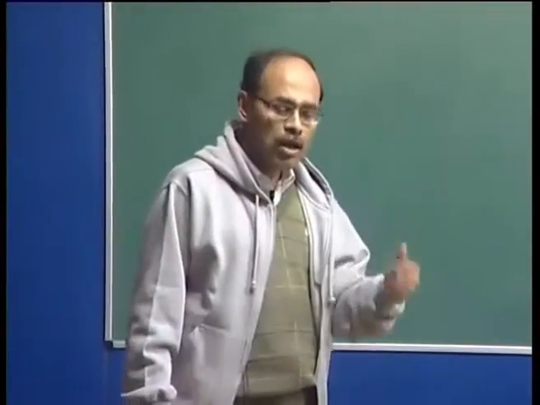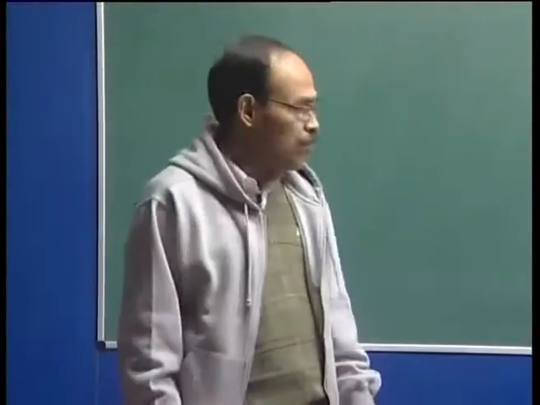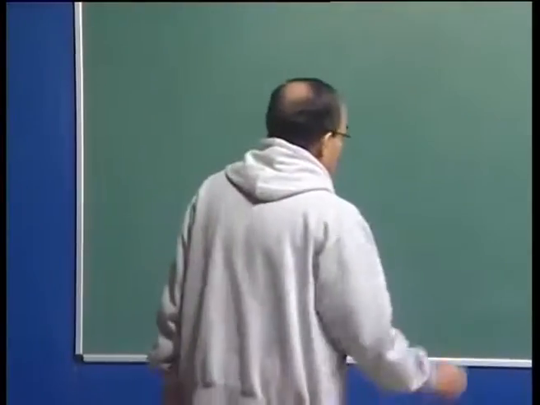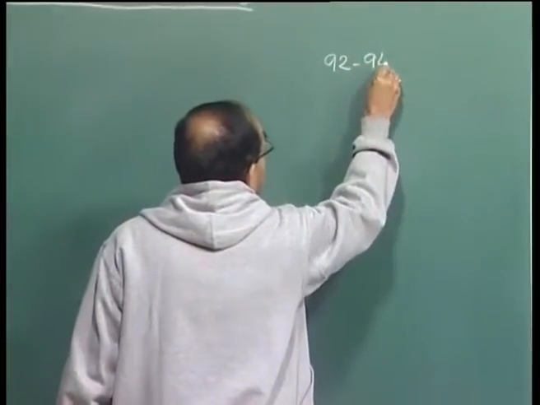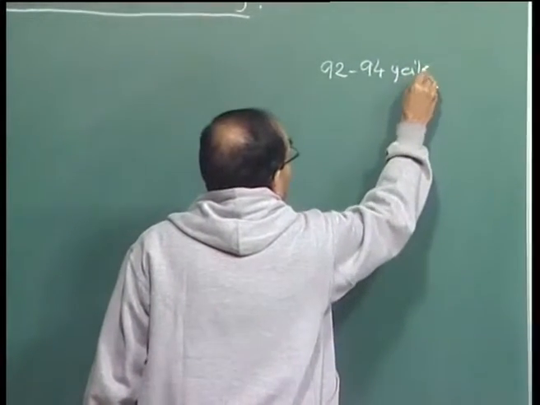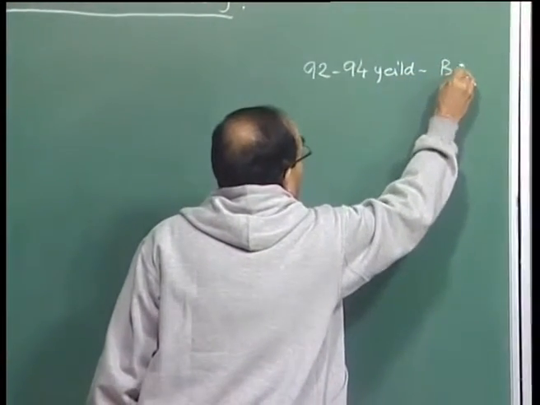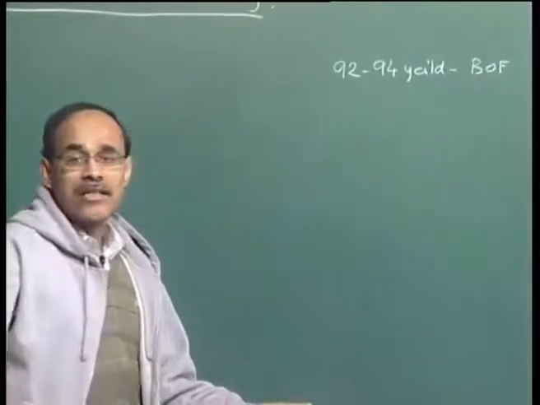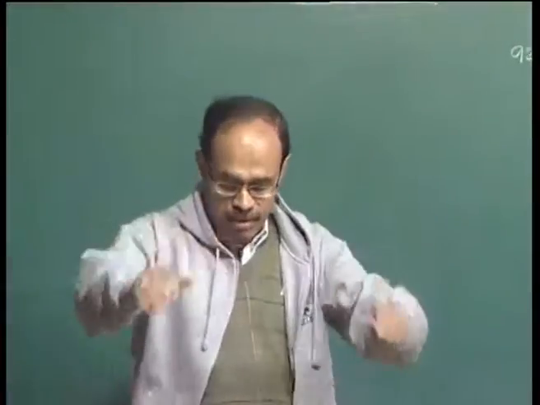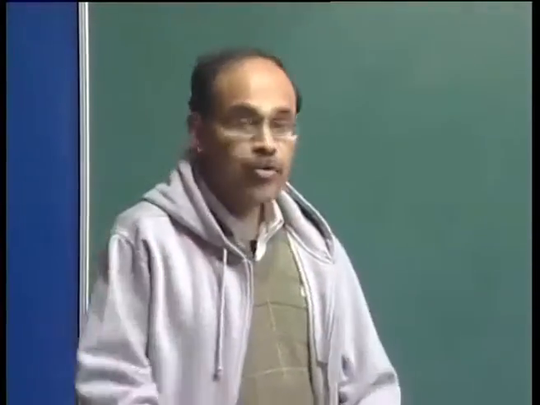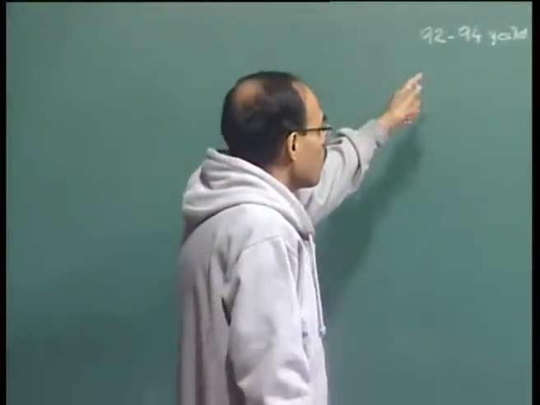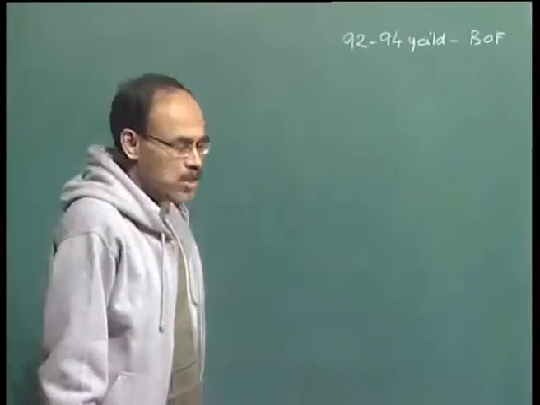Today, if you go to the BOF shop, for example, you are talking about 92 to 94% yield in BOF. That means if you charge 100 kg of pig iron into the BOF, you are going to get something like 92 to 94 kg. So, it is an extremely efficient process.